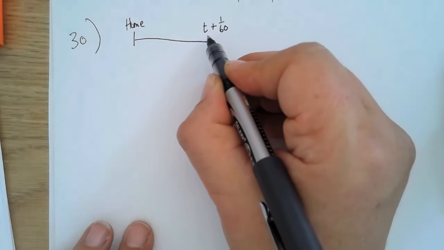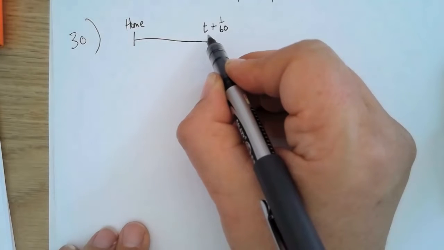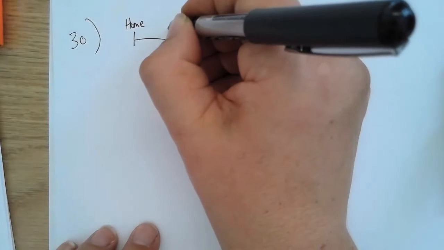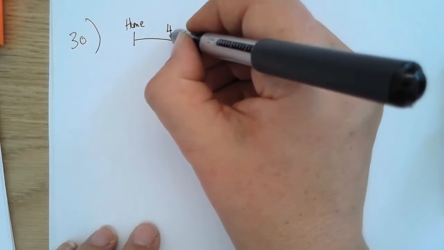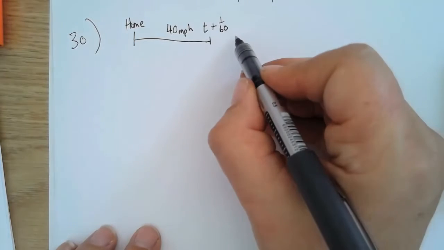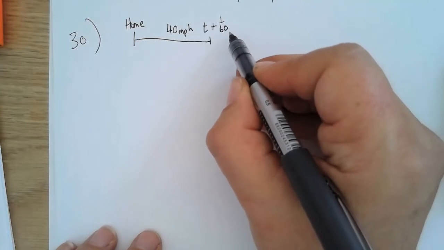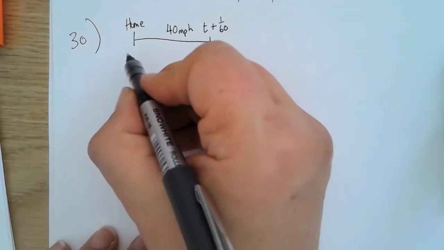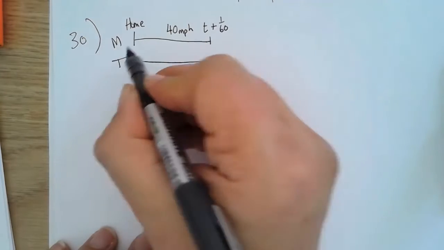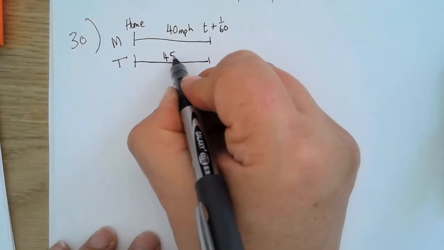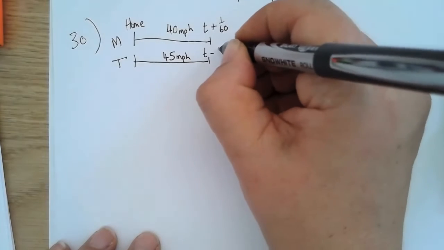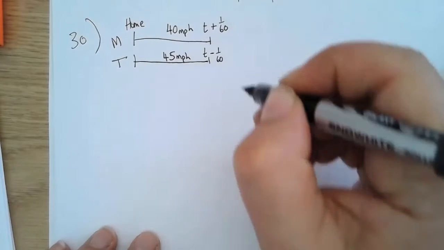We're going to find out what that time is as we go. This will be in minutes. The first one is 40 miles per hour. So he went at 40 miles per hour and he got there 1 minute late, which is the time plus. The second time, so this was Monday and this was Tuesday, he went at 45 miles per hour and it was the time subtract 1 minute.